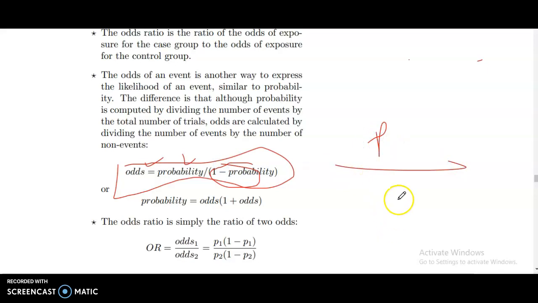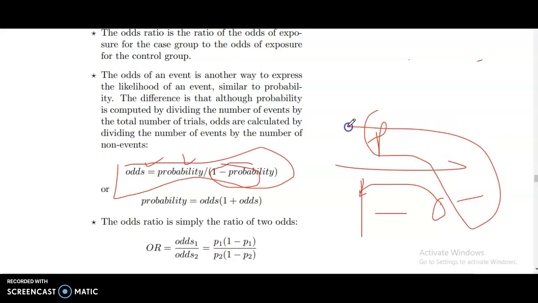So you deduct the probability from 1, and that is the odds. Probability equals odds divided by 1 plus odds.